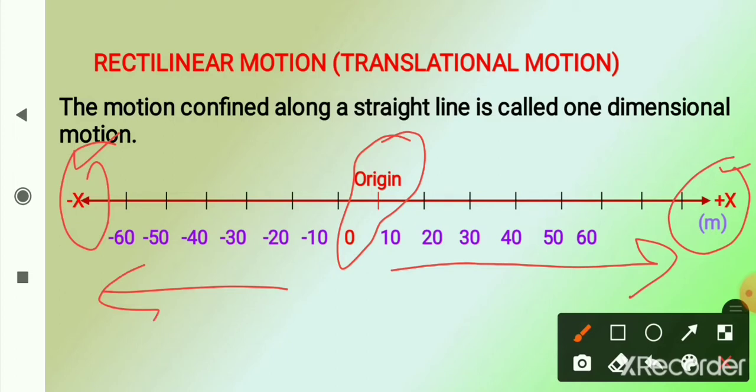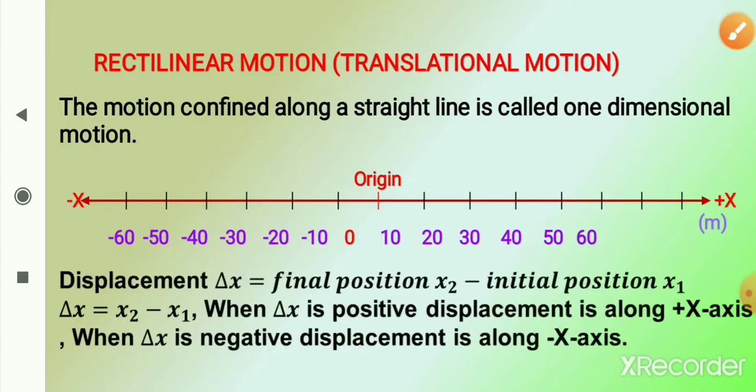Right? So all the displacements along plus x-axis are taken as positive and all the displacements along minus x-axis are taken as negative. So this is like a number line.